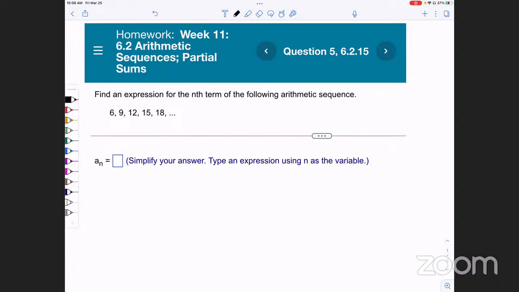So I want to say in class, we said what? The general term. So then A sub n, I think we said was A1 plus n minus 1 times D. Right? That was the general term. So let's confirm that the first few cases work for this. For instance, we see that A1 is 6.